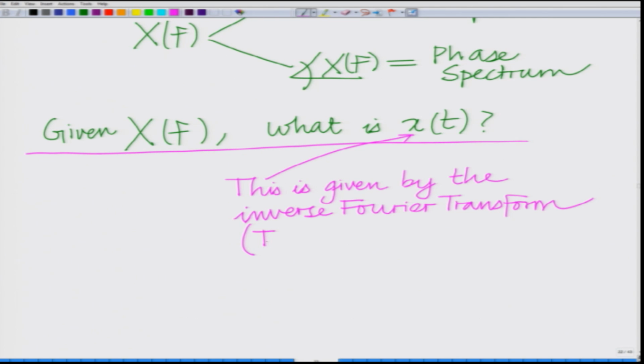This is given by the inverse Fourier transform, the IFT.